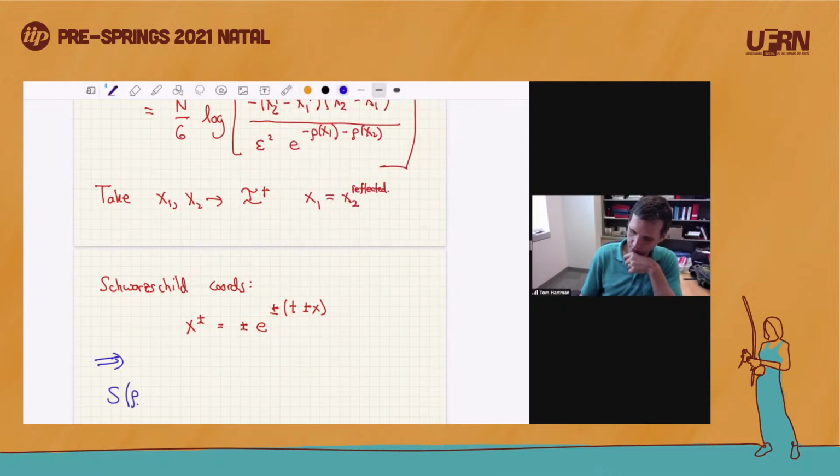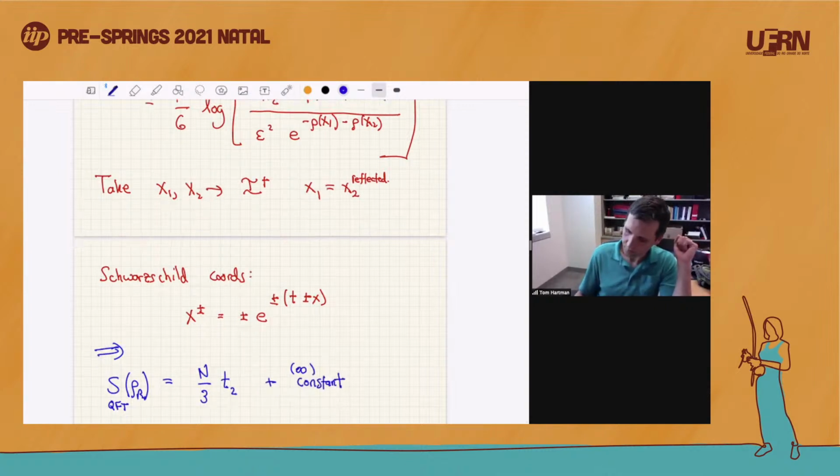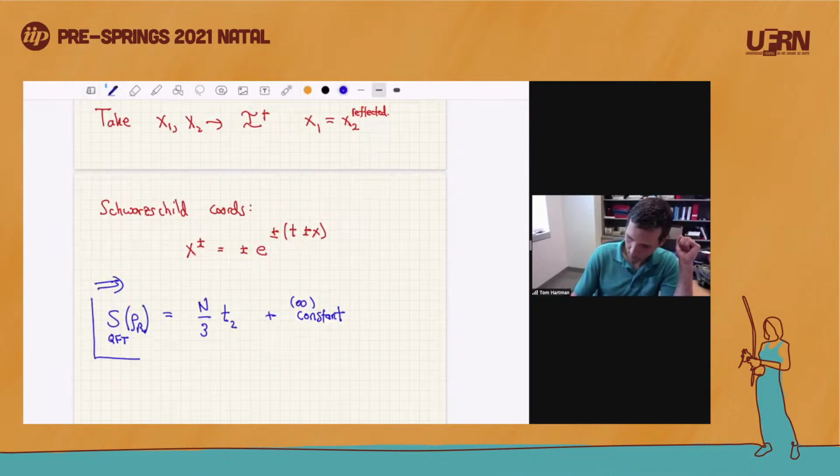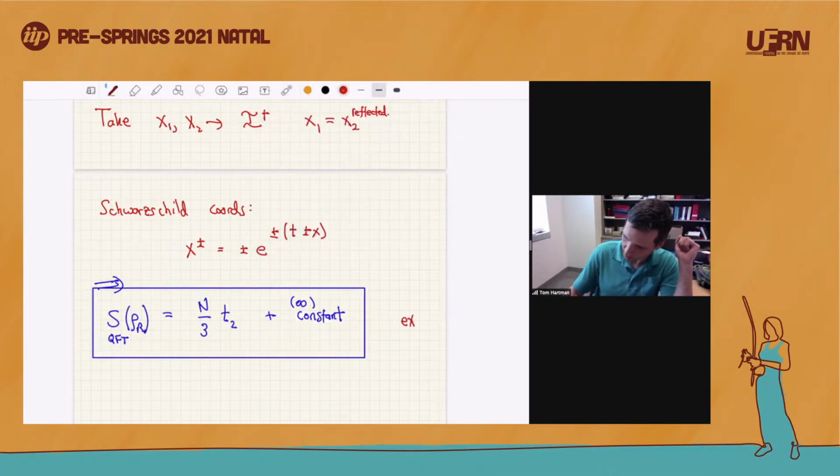Let me call this S_Q(t) of rho r, to emphasize that this is by the ordinary methods of semi-classical gravity, and S_Q(t) is equal to n over 3 times t, plus an infinite constant. And I'll make this an exercise. I've given you everything you need to rederive this formula.